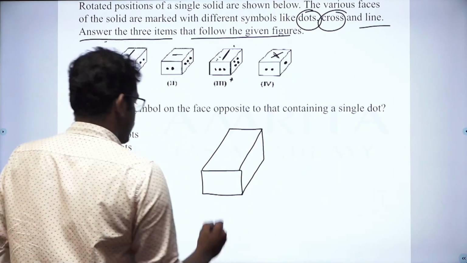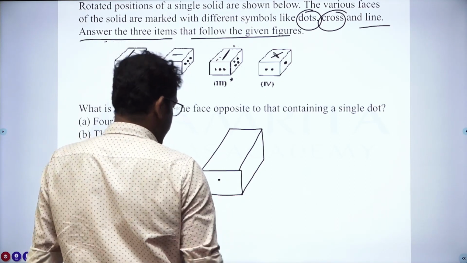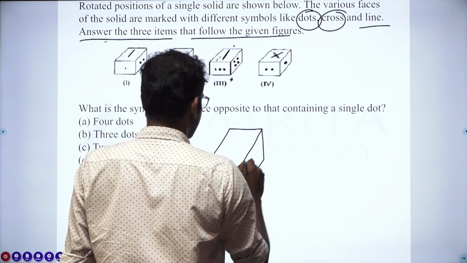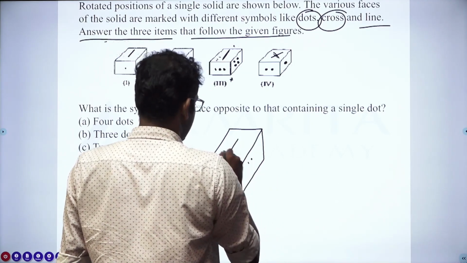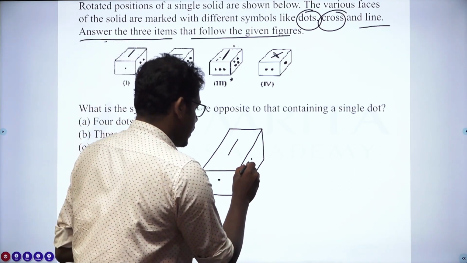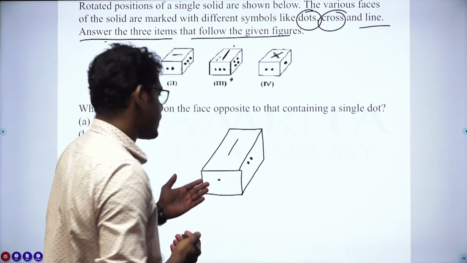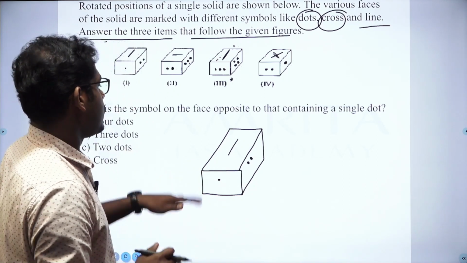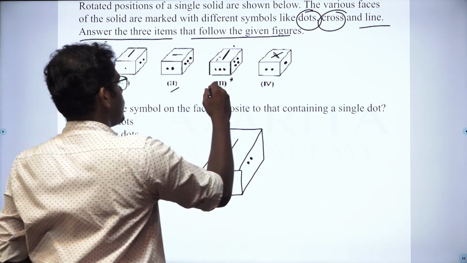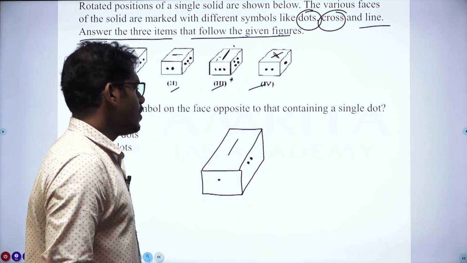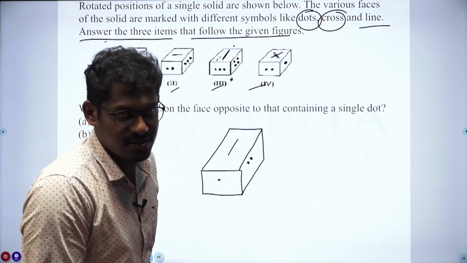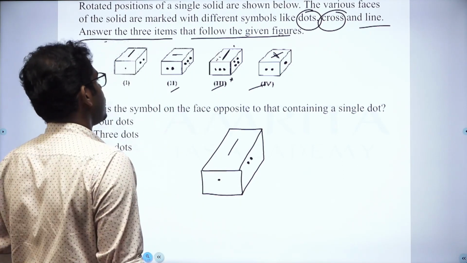Okay, so the front face having only 1 dot, the right face having 2 dots, the top face is having a line. Clear? Okay. I have taken the first figure as my reference figure. I am using the information given in these figures for understanding what are the faces opposite to these given faces. Clear? Okay, fine. Let me do.